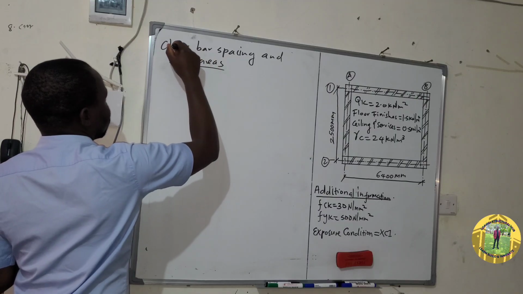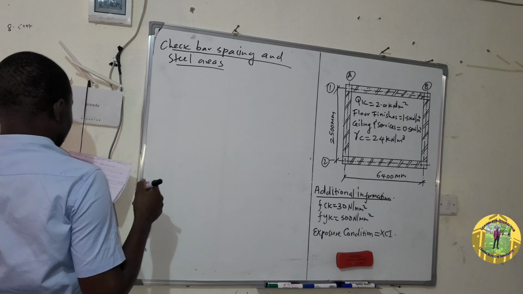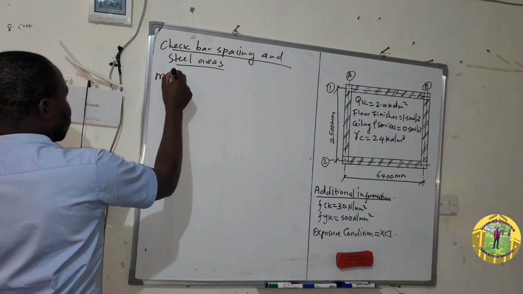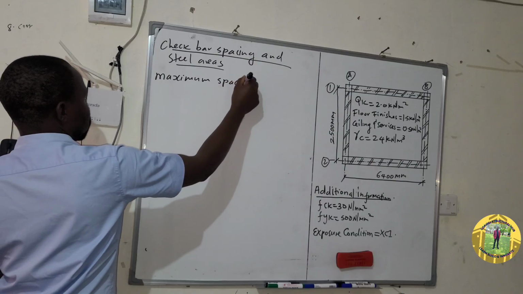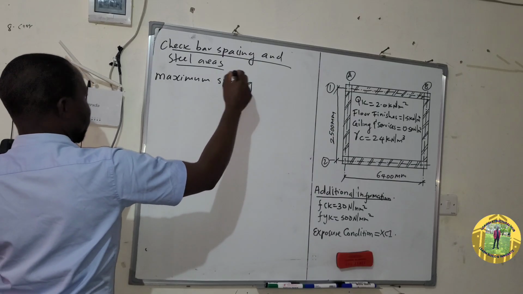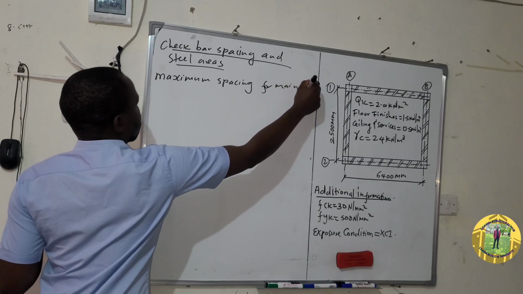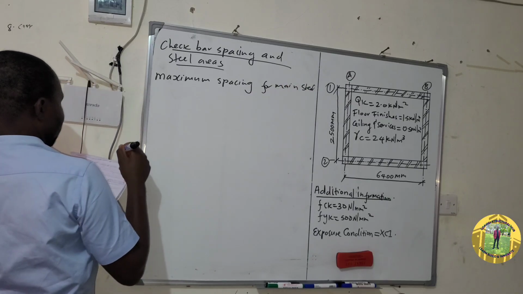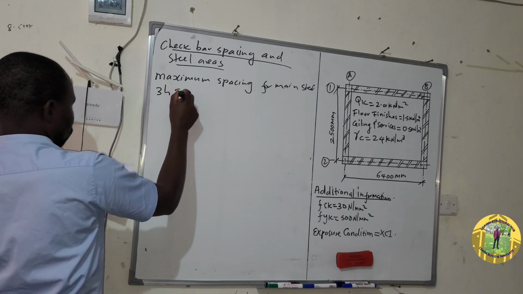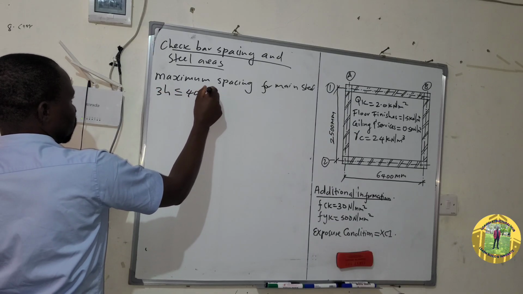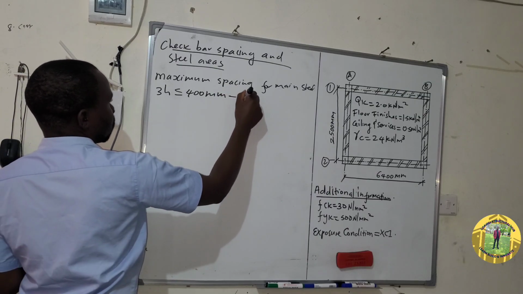For the maximum spacing for main steel, we know that 3H must be less or equal to 400 millimeter.